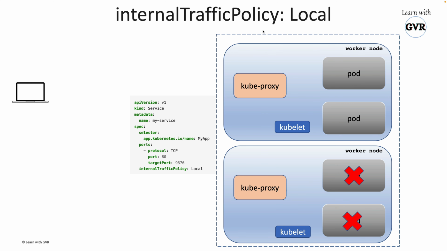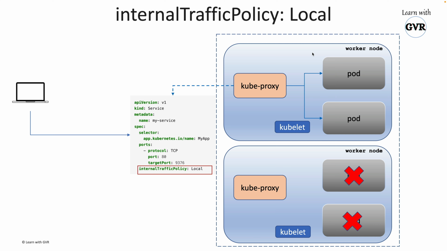In case of internal traffic policy as local, and here in this worker node these 2 pods are not running, not healthy, when I create a service with the internal traffic policy as local, then kube-proxy will take reference of this and distribute the traffic only to the available endpoints.